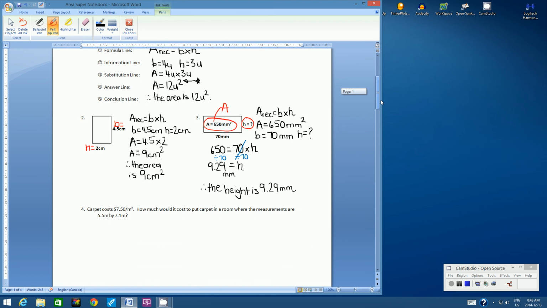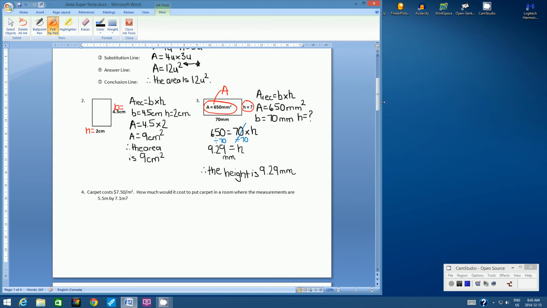Okay, so let's go on to example 4. Example 4 is a really good opportunity to see how area calculations are used in the real world. So let's read it together. Carpet costs $7.50 per square meter. So what does that mean?